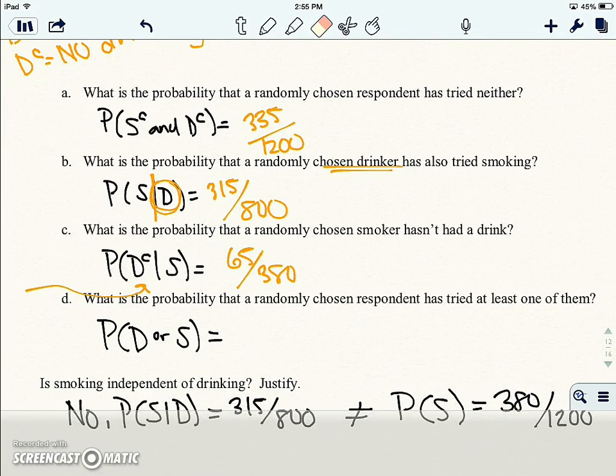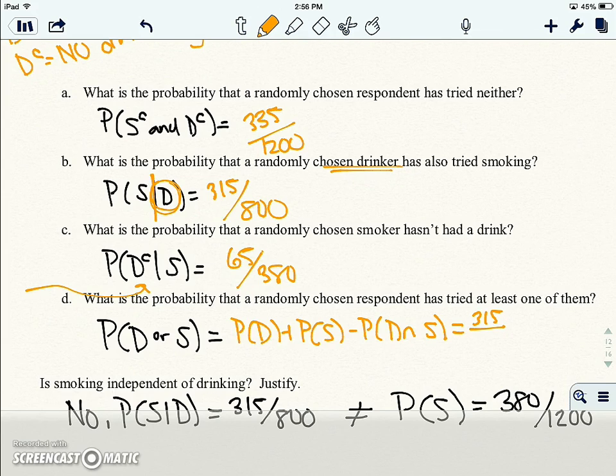Now we're talking about the OR. This would be that long addition formula again, where we want the probability of drinking plus the probability of smoking minus the probability of doing both. So we subtract out the one thing that we've counted twice.